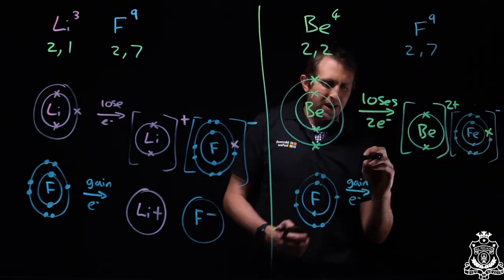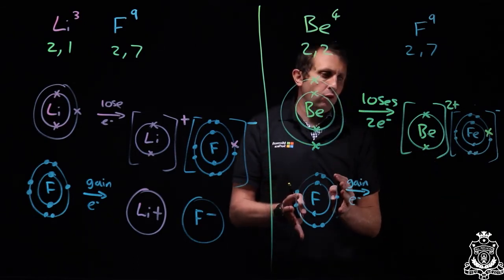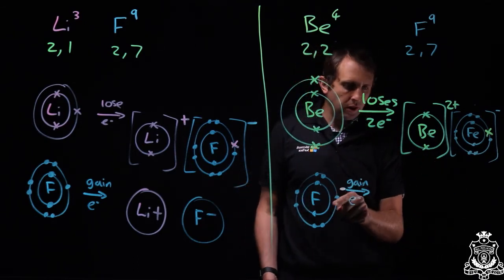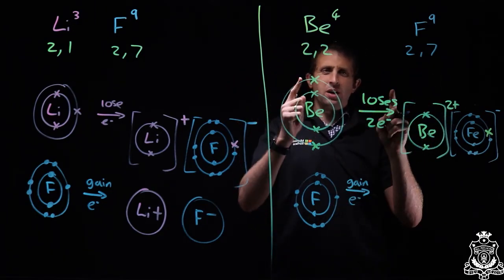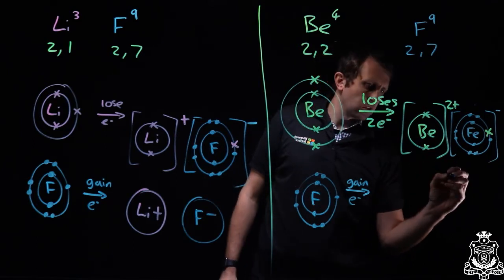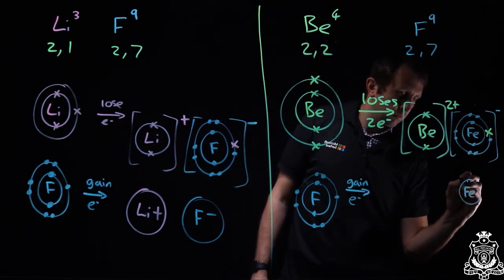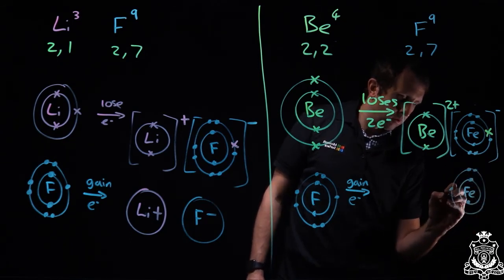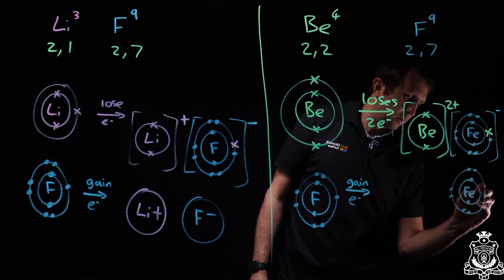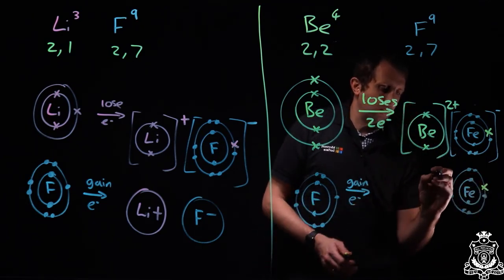I've still got this spare electron. What can I do? Well, I can use another fluorine atom, because another fluorine atom has another space. When we mix these chemicals, it's not just one of each atom, there's lots of different atoms. So we would do another one. Here we go, so there's all my electrons, and that second electron is now there.